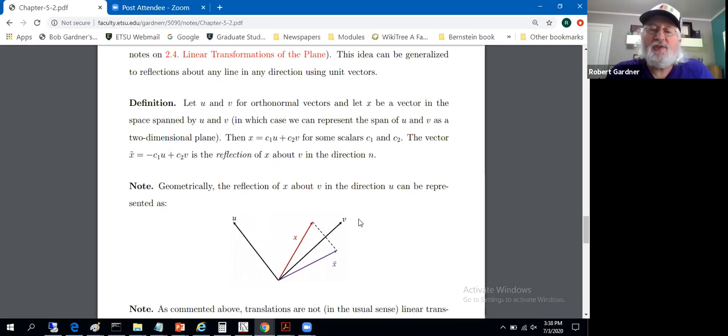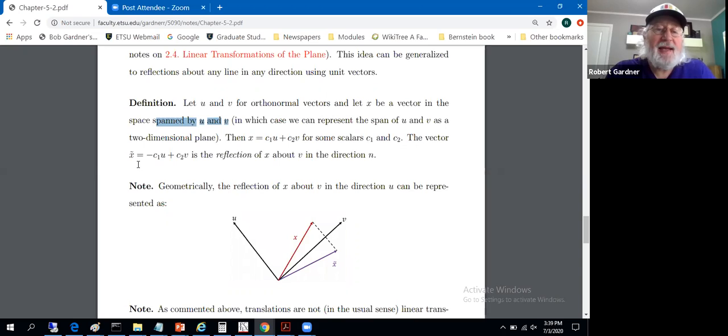Maybe I put u and v in standard position. And since we're considering the space spanned by u and v, and we've taken x to be a vector in that space, x is some linear combination of u and v. Say x equals c sub 1 u plus c sub 2 v, some scalars c1 and c2.